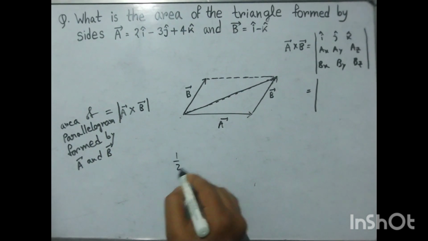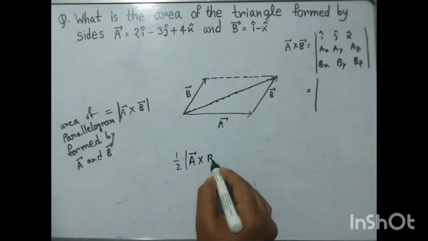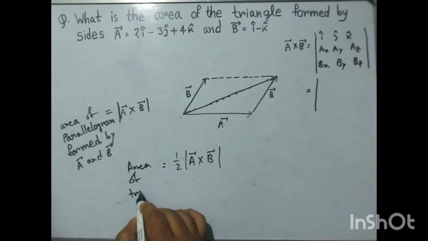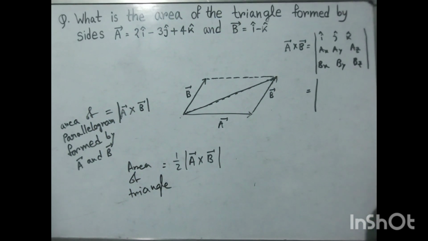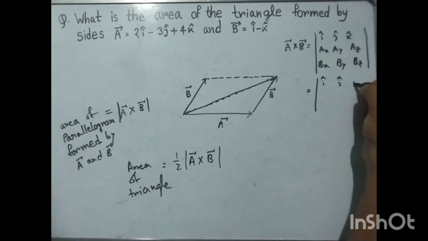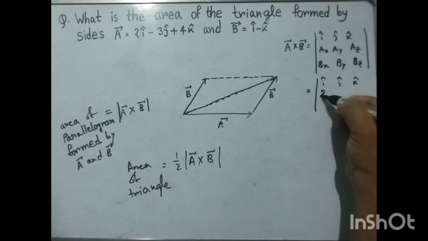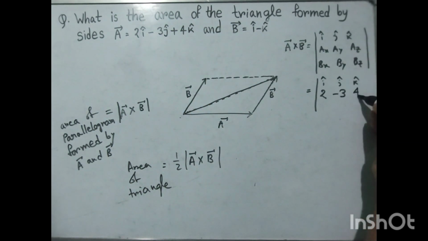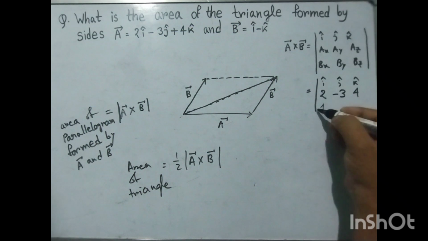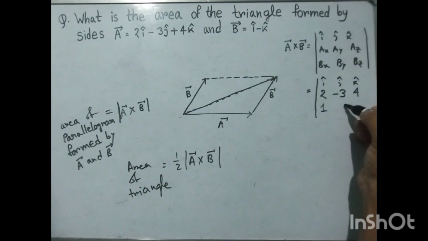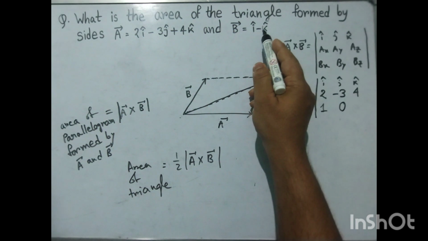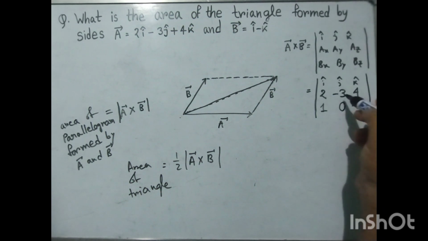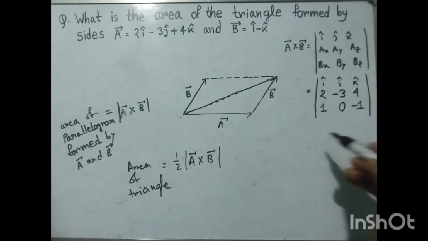We have to find half of a vector cross b vector, the area of the triangle. Okay, so this is i cap, j cap, k cap, ax is 2, ay is minus 3, az is 4, bx is 1. There is no component of j cap, so this is 0, and bz is minus 1. You have to take these numbers with sign, remember this.